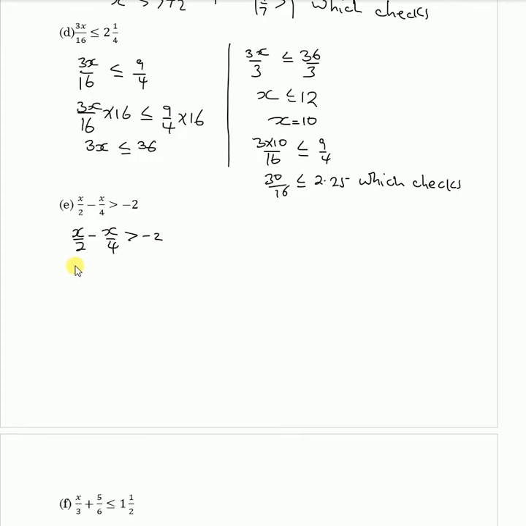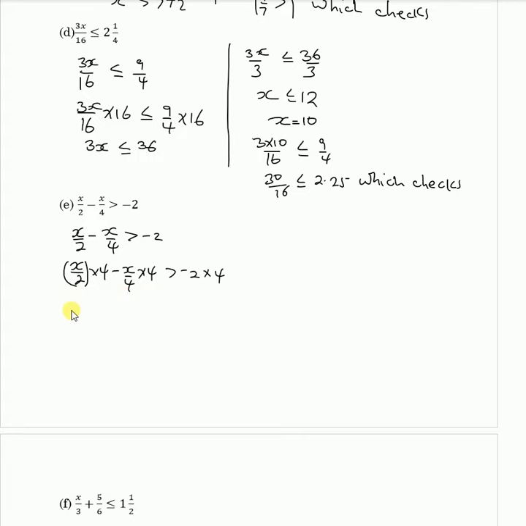When I say multiply through by 4, it means that you multiply here and there and there. Multiply every term by 4. So we have x over 2 times 4 minus x over 4 times 4 greater than negative 2 times 4. Every term by 4.